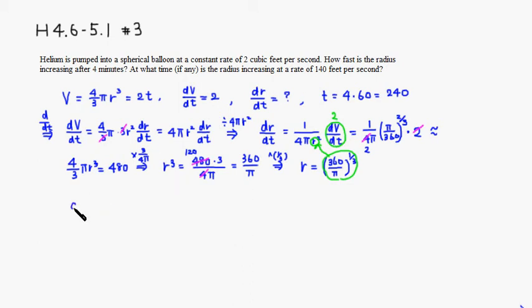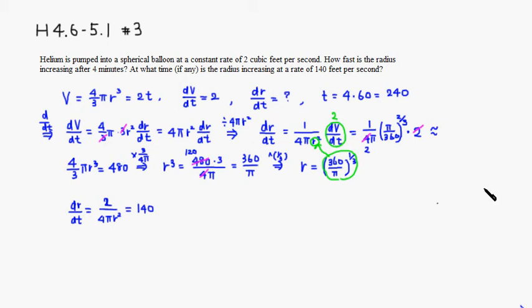So dr over dt is equal to 1 over 4 pi r squared, and let's already put dV over dt, which is 2, so maybe I should put 2 here instead, right? And so we want this to be 140 feet per second, right?